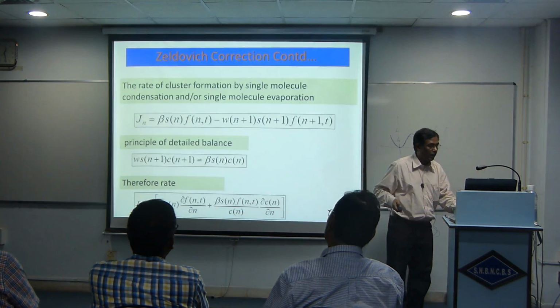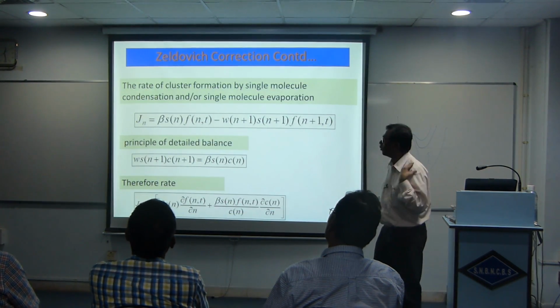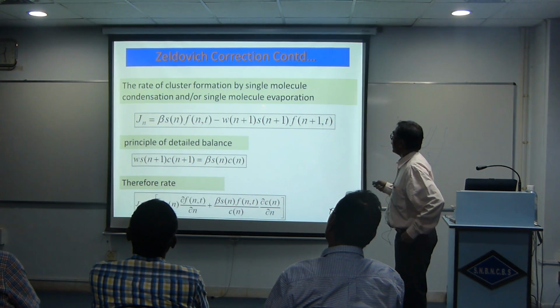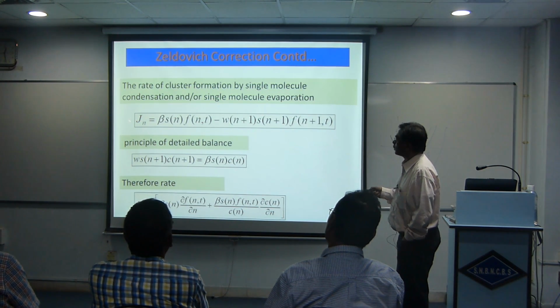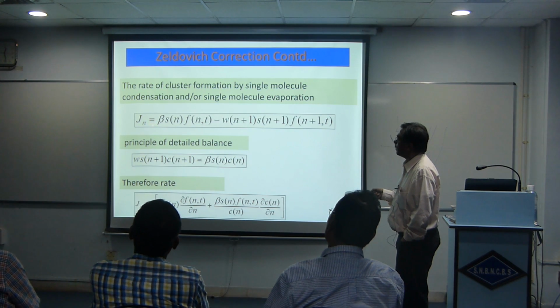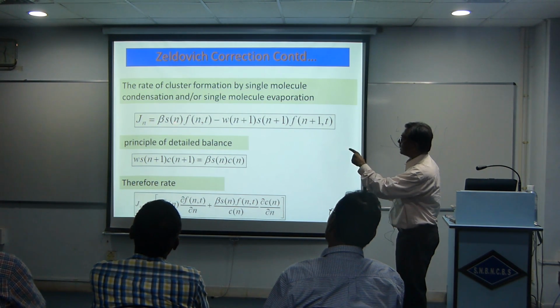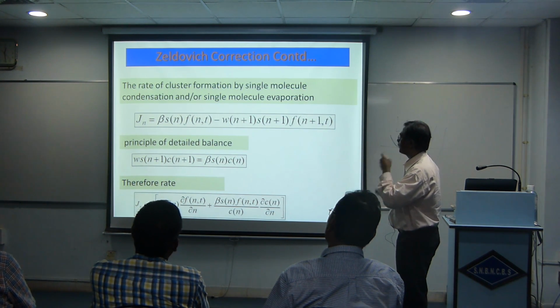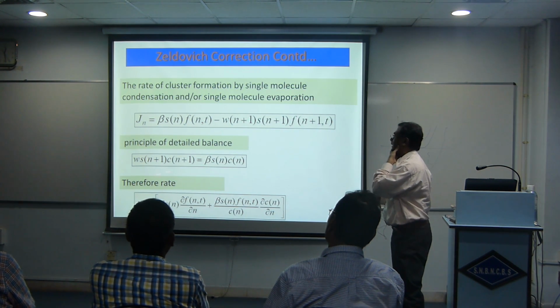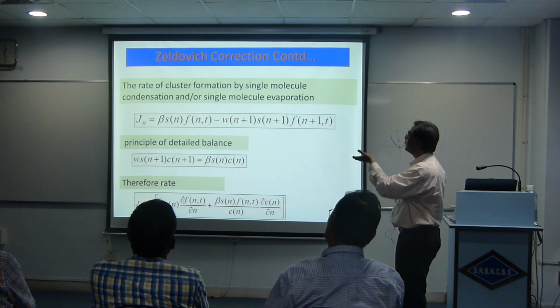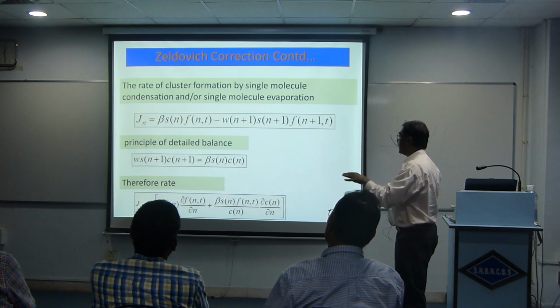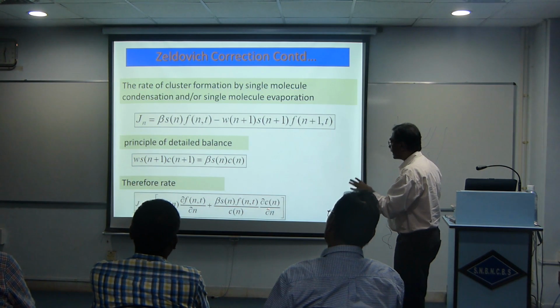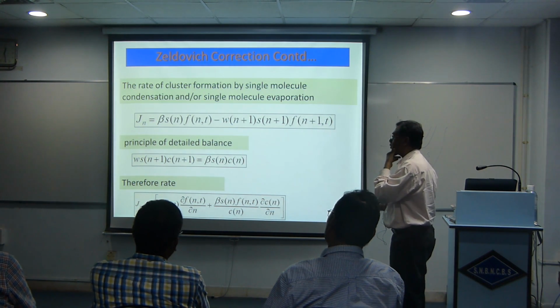Now, how will Zeldovich make it work? He said, okay, I have single molecule addition, so I now calculate the flux. The flux for a single particle adding involves the surface area, beta is the rate of impingement, and this is the rate of evaporation. Using principles like detailed balance to find the rate of evaporation, you can get exactly what is the very famous Smoluchowski equation.